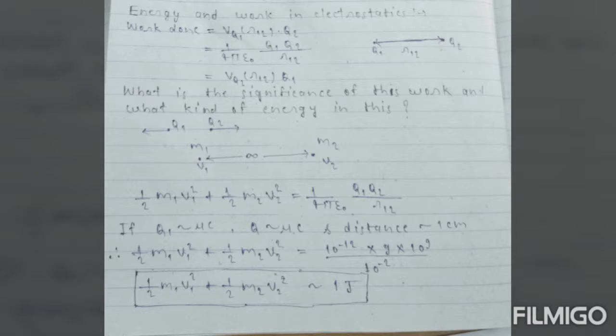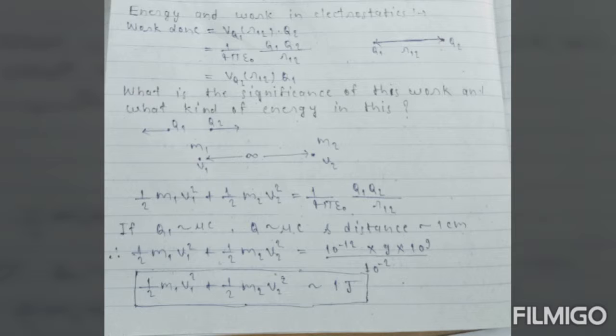You see, this is symmetric in Q1 and Q2, so I could also have thought of this work as the work done in bringing charge Q1 to a distance R12 from Q2, or the work in bringing Q1 in the potential of Q2 at a distance R12 from Q2.